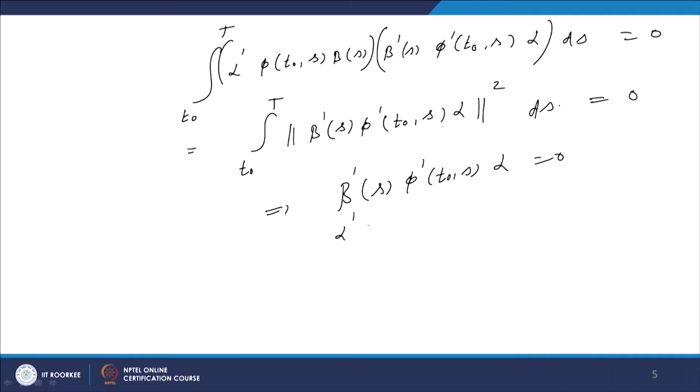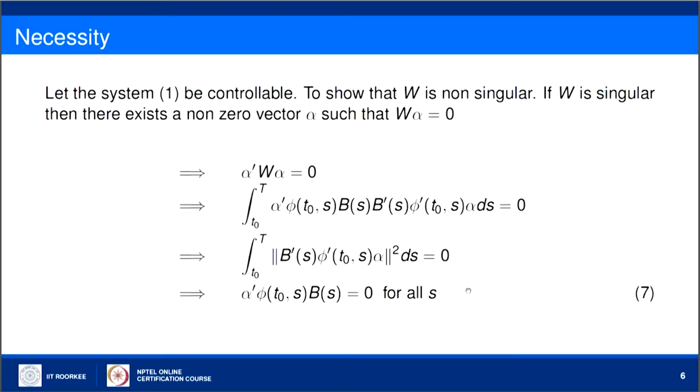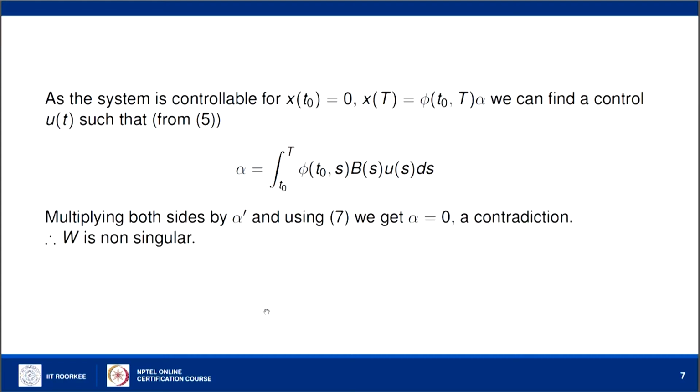So, what we will get is alpha transpose phi(T0, S) B(S) equal to 0 for all S values. So, this expression is 0. So, from here we can show that the system is not controllable in this case.